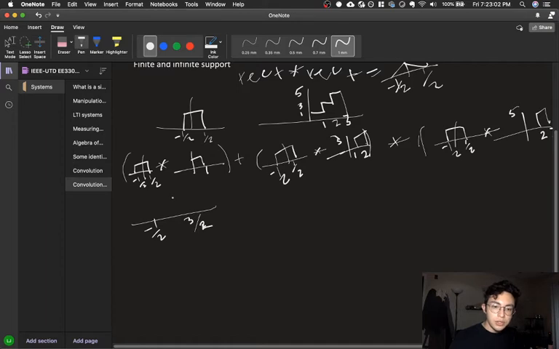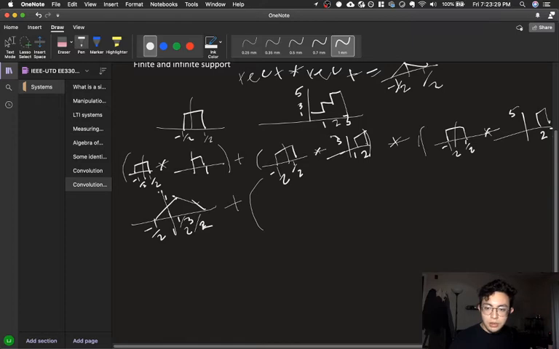So this is going to be a triangle that's peak is 1, 1/2, and then it's going to be 1, and this is going to peak at, I think, 1/2. Yeah, 1/2.